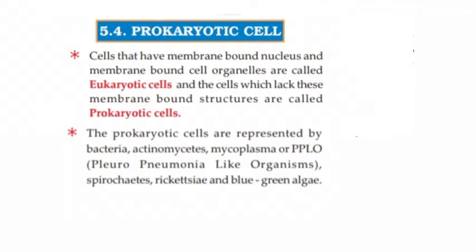The cells which lack a membrane-bound nucleus and membrane-bound structures are called prokaryotic cells. Example: bacteria, actinomycetes, mycoplasma, spirochaetes, rickettsiae, and blue-green algae.